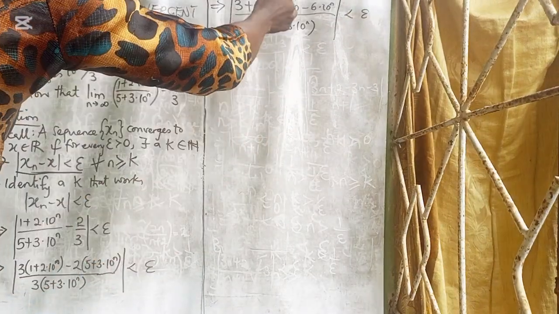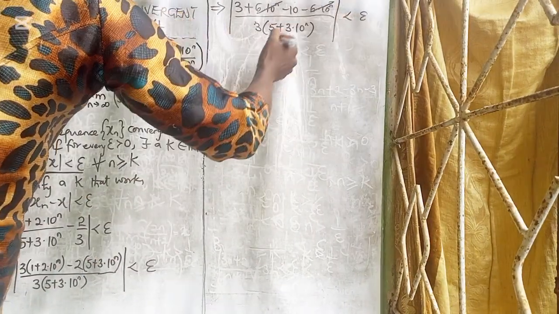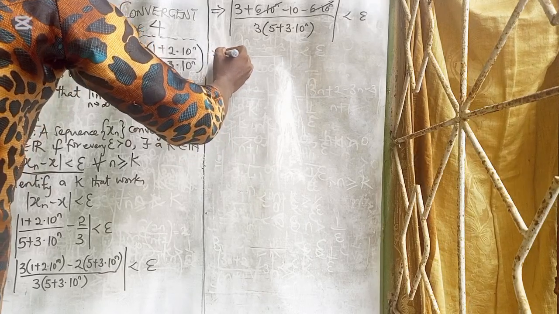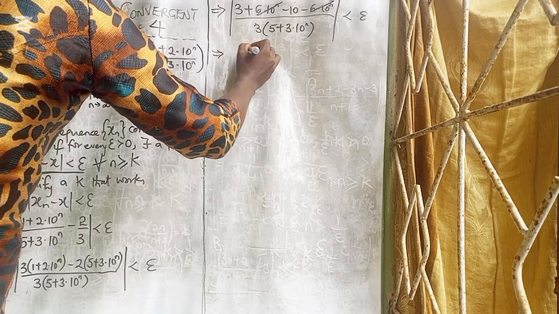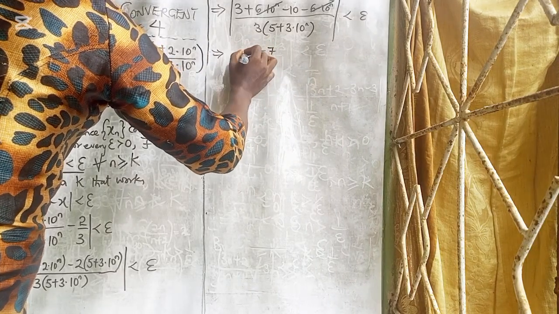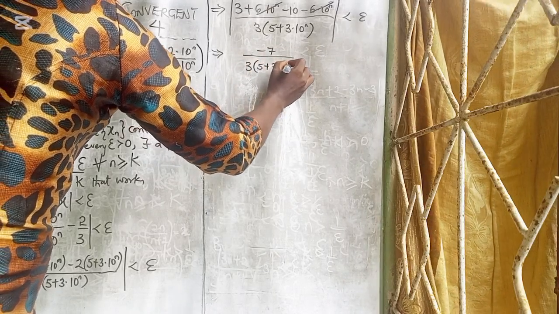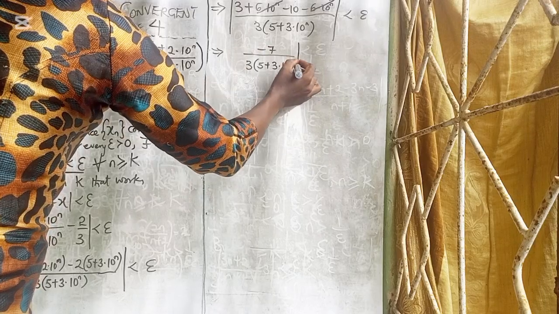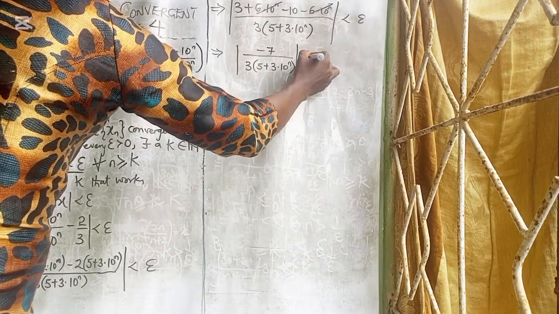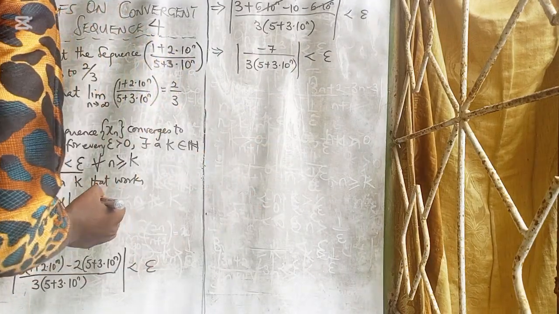Looking at it carefully, this can remove that. I'm left with minus 7 over 3 × (5 + 3 × 10^n). Don't forget your absolute value sign, to be less than epsilon.